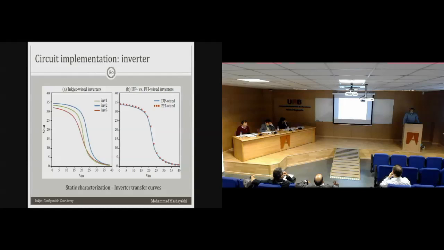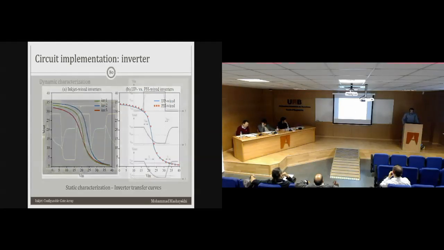But more interestingly, we compare the inkjet wired inverters with photolithography wired inverters, and we see that there is a very good matching, whether we design a mask for inverter implementation or just use inkjet for implementing inverters.